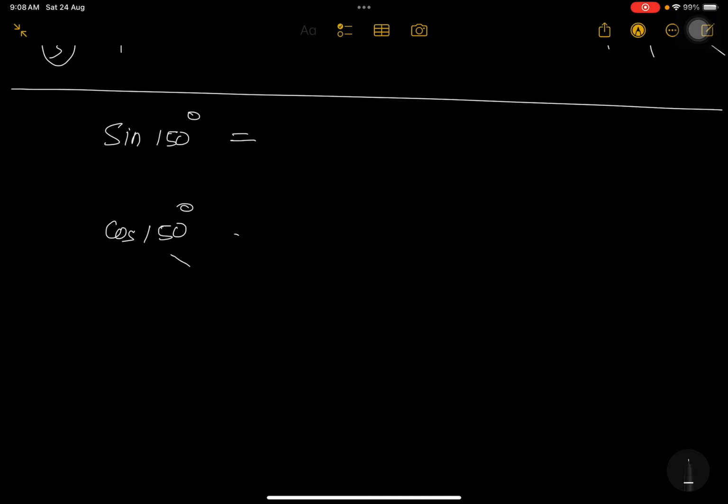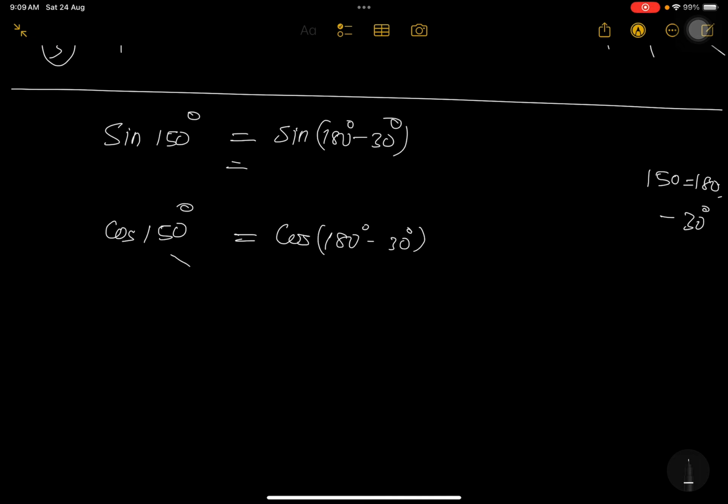So now relate with the known angle. So 150 is 180 minus 30, right? So sine 180 minus 30 degree, cos 180 minus 30 degree, or you can write like sine pi minus 30, cos pi minus 30.